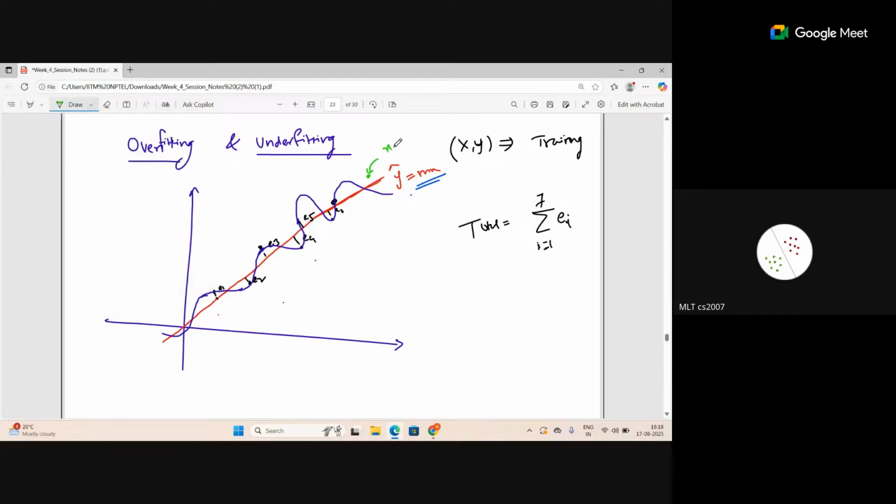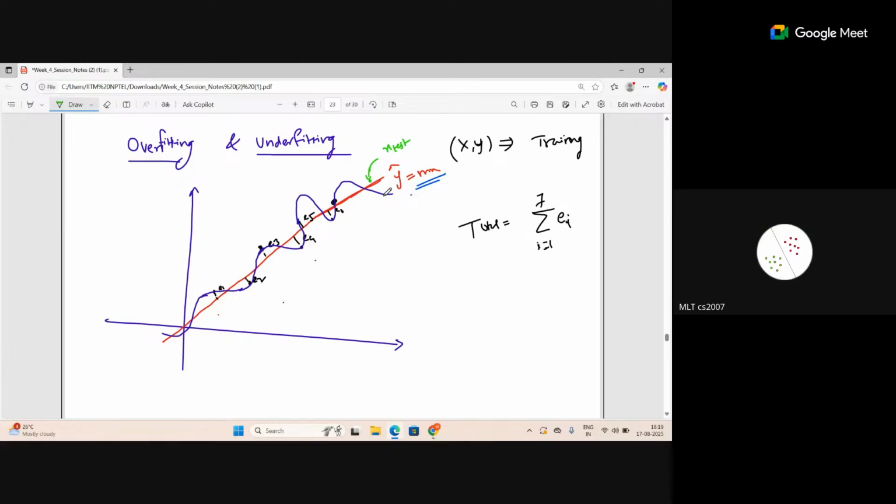Let's say this is x test, here. Which model will you use to predict the label for this x test? The red one or the blue one? Blue one. Blue one. So red one.